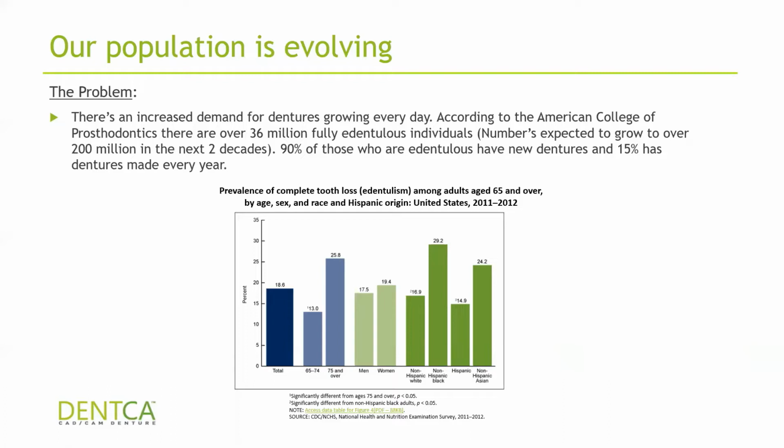Now we're 1 decade in, so our current estimate is about 100 to 120 million edentulous people in the US. Not only that, but 90% of those people that are edentulous either need new dentures, or 15% get new dentures made every year because they're not happy with them. Meaning that from that 100 to 120 million, 90% is out there for the taking. It means patients that actually need service for their dentures.